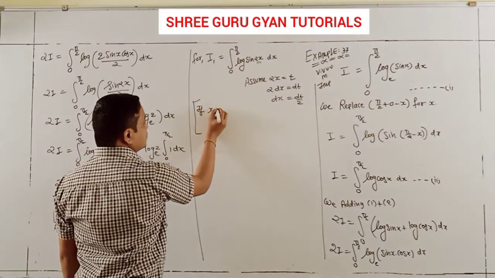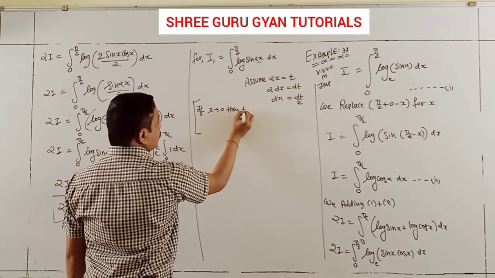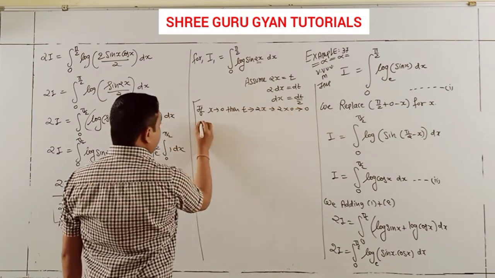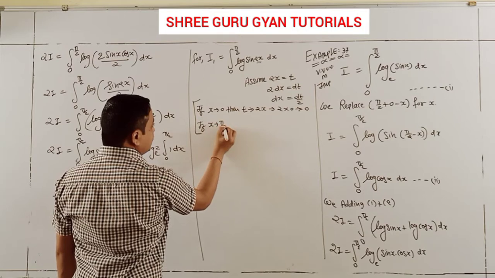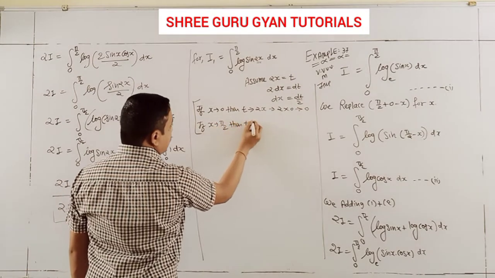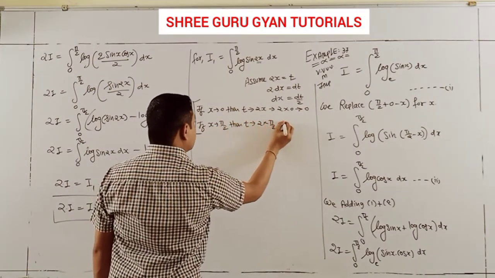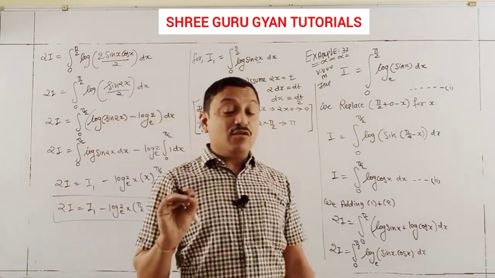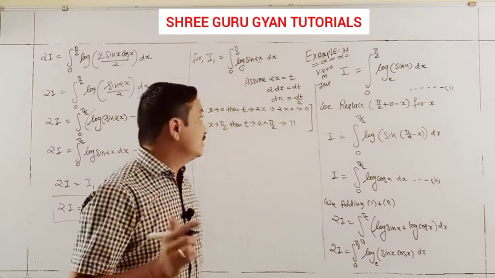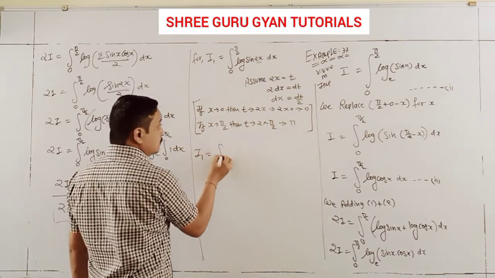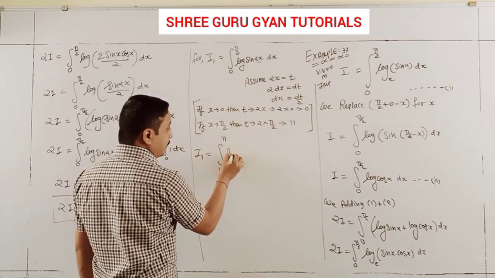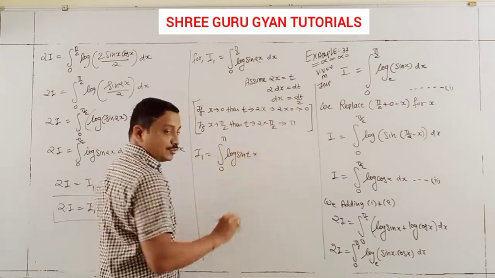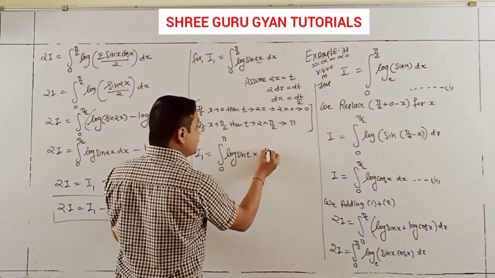If x tends to 0, t tends to 2 into 0. If x tends to 90, t tends to 2 into 90, it is pi. Actually new limits come whenever you substitute. So my new limit in I1 is 0 to pi, log of sin t into dt by 2.